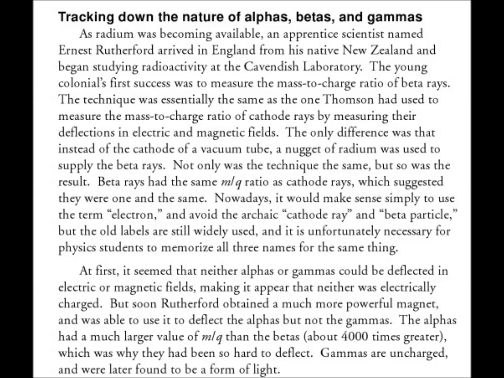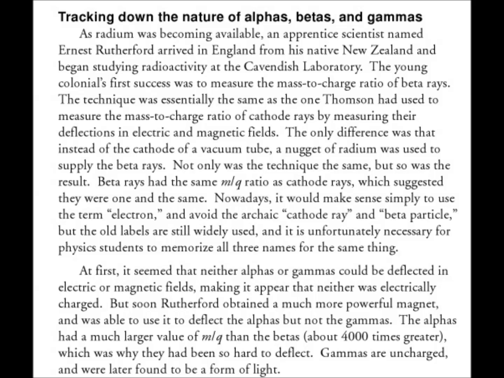The young colonial's first success was to measure the mass-to-charge ratio of beta rays. The technique was essentially the same as the one Thomson had used to measure the mass-to-charge ratio of cathode rays by measuring their deflections in electric and magnetic fields.